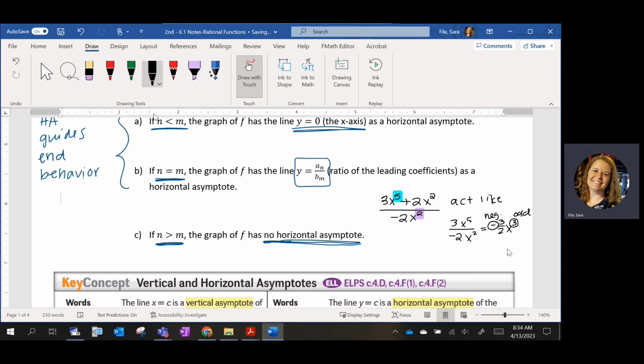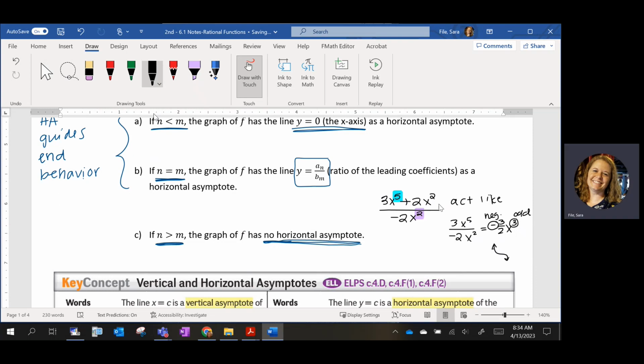So what's the end behavior going to be? If it's odd, they're going in opposite directions on the left and right, correct? Okay, and if it's negative, it's a reflection of the parent function, right? So it would be this direction, like this.